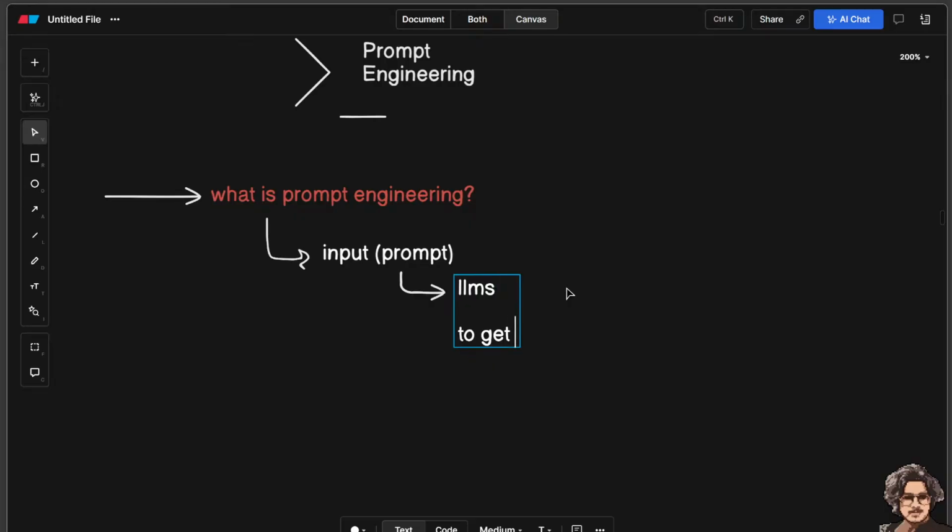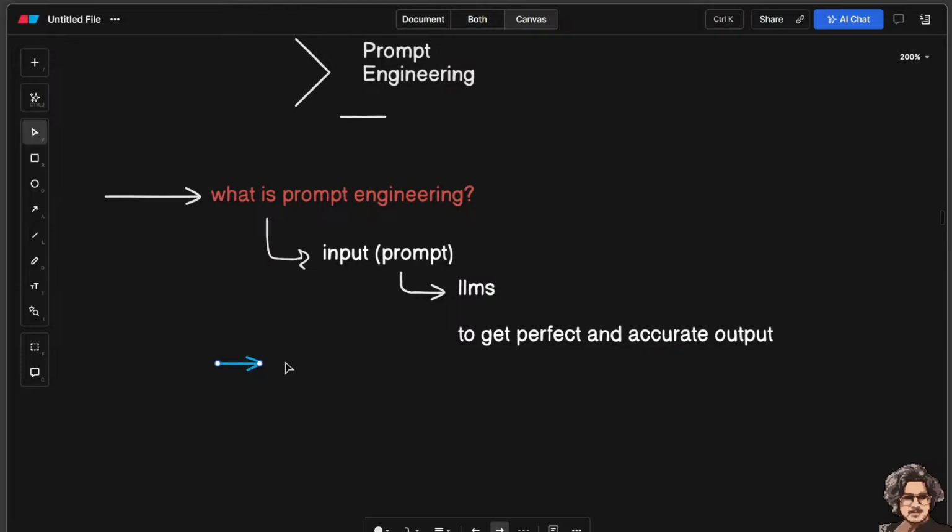It is a practice of designing a perfect input prompt for a large language model to get the perfect and accurate output.